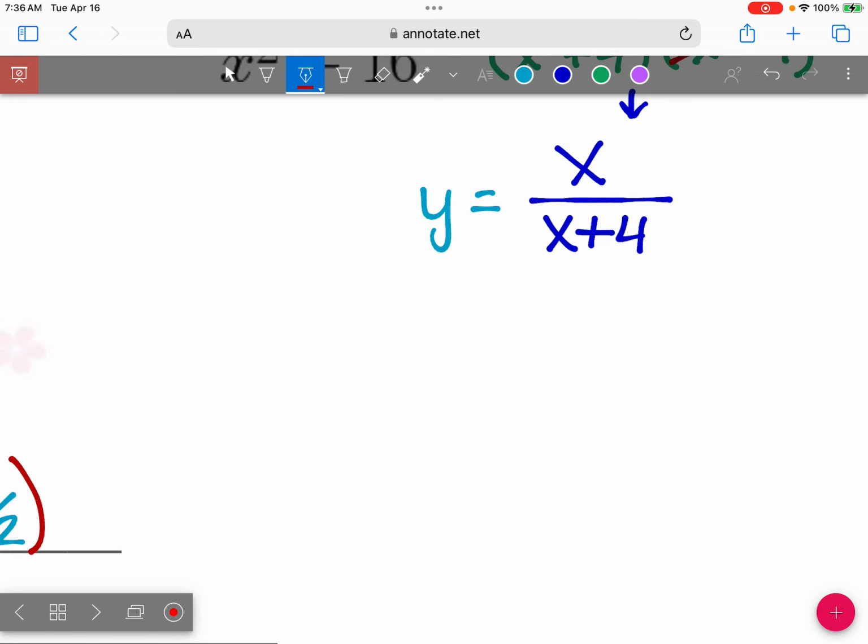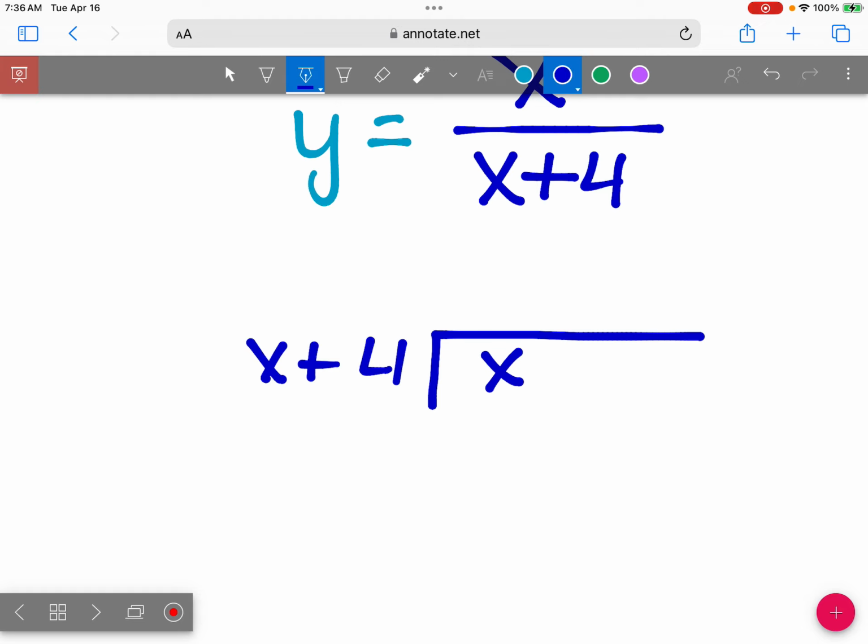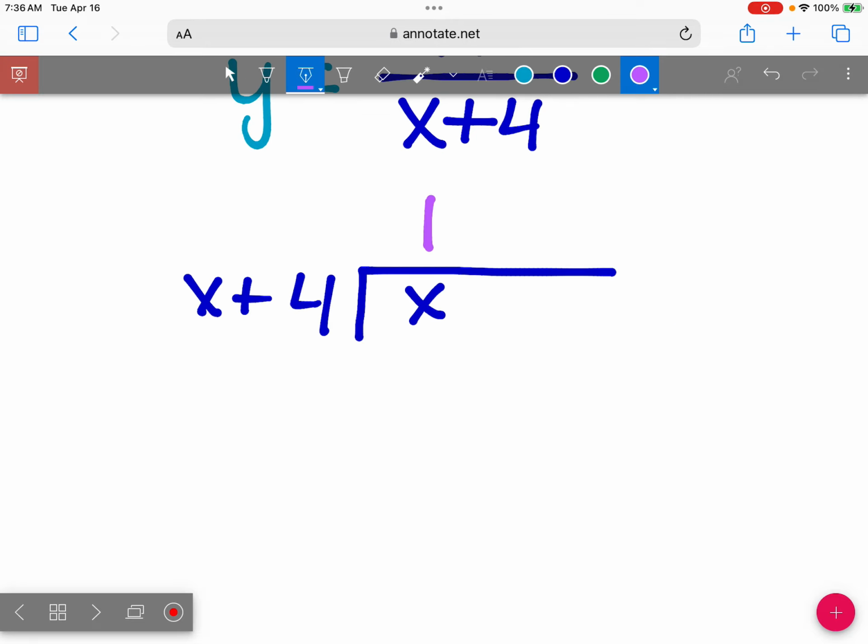Okay, then we're going to get this into transformation form, just like we did with the bell work here. Since I still have a letter on the top, I need to do this as a division. So we are going to divide x by x plus 4. Yep, we're going to have a 1 on the top.